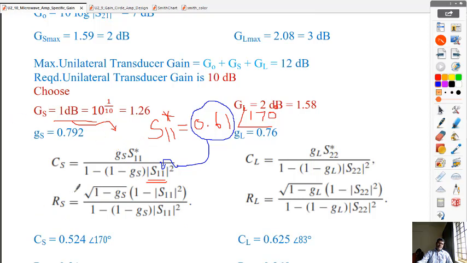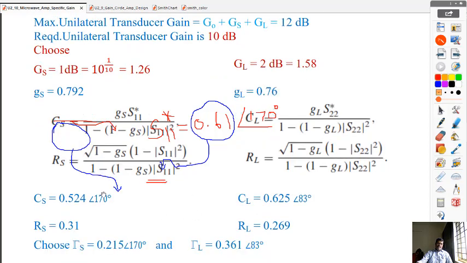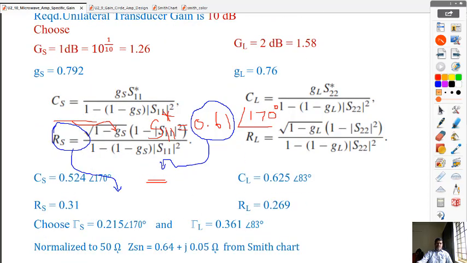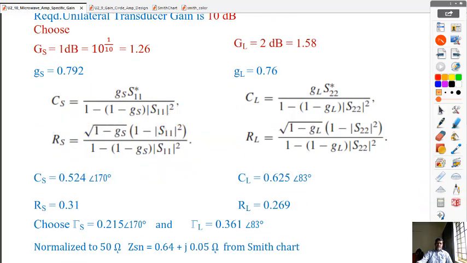Similarly, to compute the RS, it is the root of 1 minus GS. The GS value is this one, and modulus of S11 is this one, 0.61. And simplify this expression, which gives the CS value as 0.524.